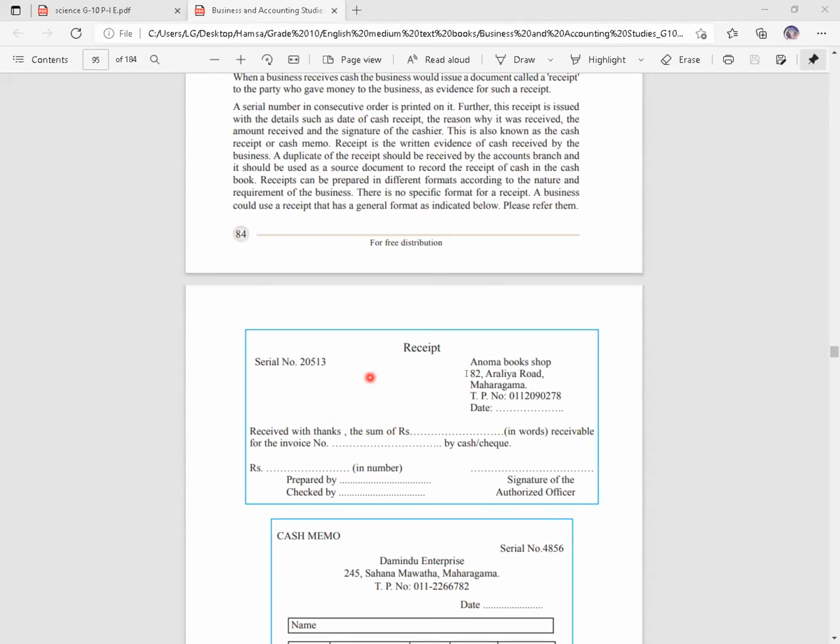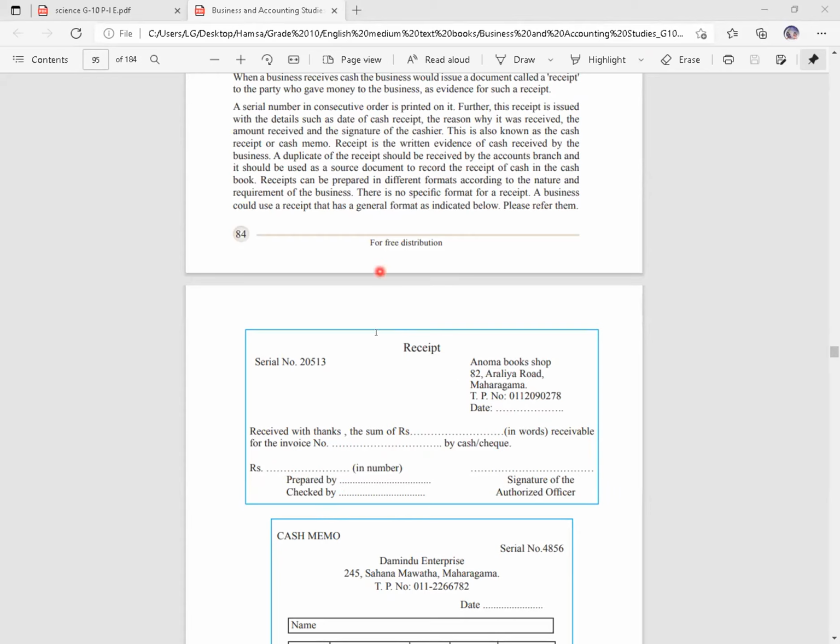So in a receipt, all these details should be mentioned: serial number, date, address, amount in words, amount in numbers, and the signature of the cashier.